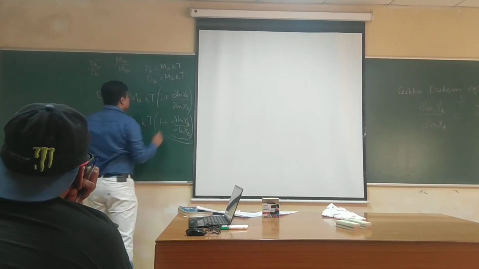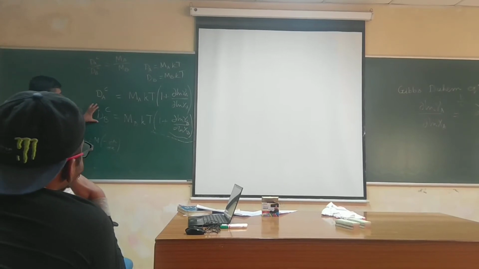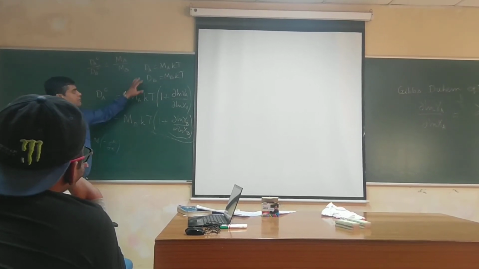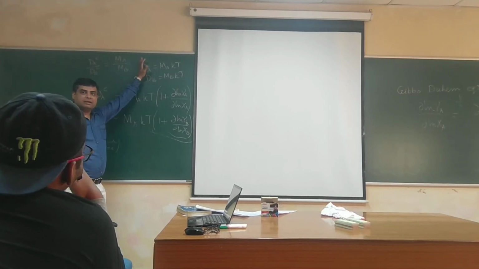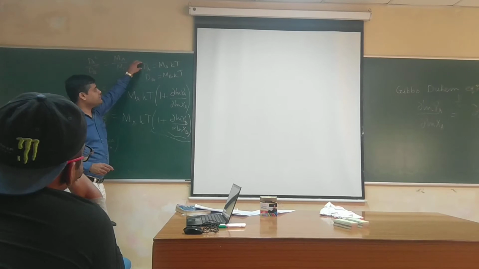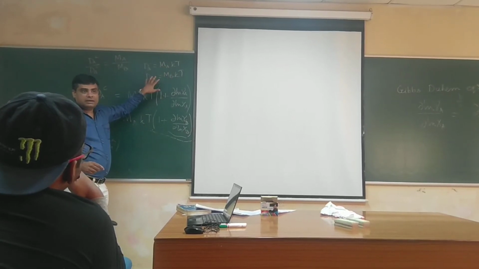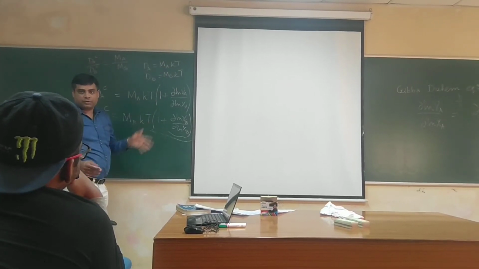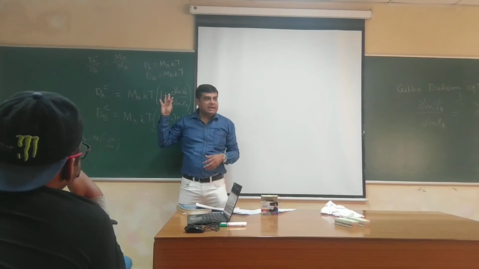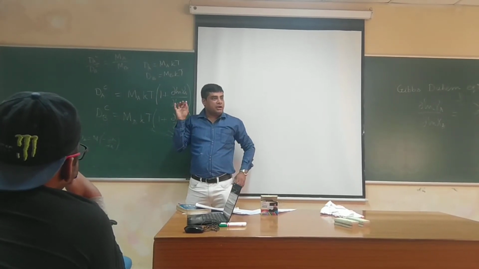So for ideal solution, DB equal to MBkT, DA equal to MAkT. For tracer diffusion coefficient, because there is no composition variation, there also tracer diffusion coefficient will be MkT for each component.